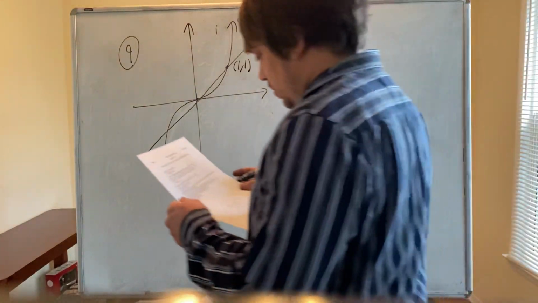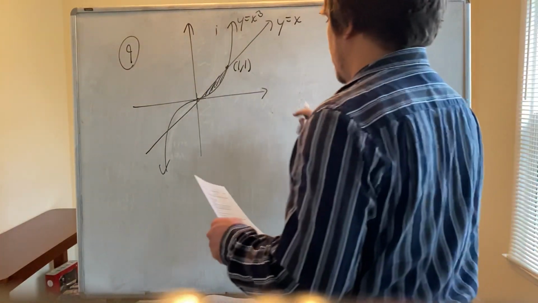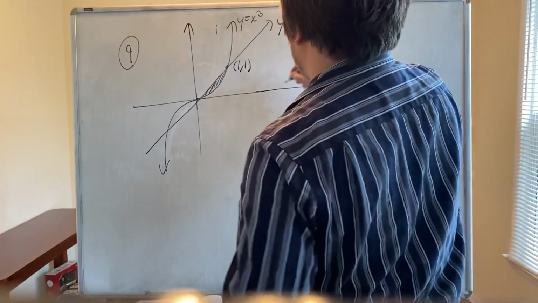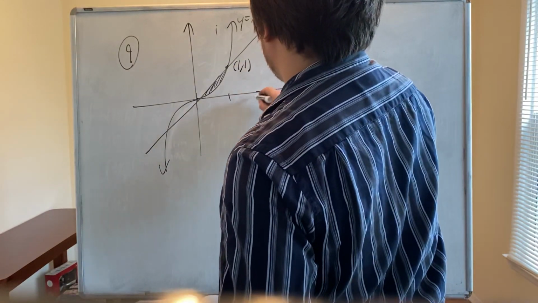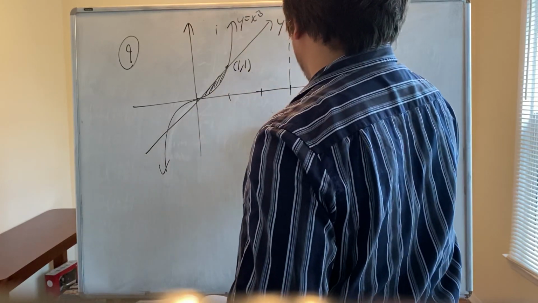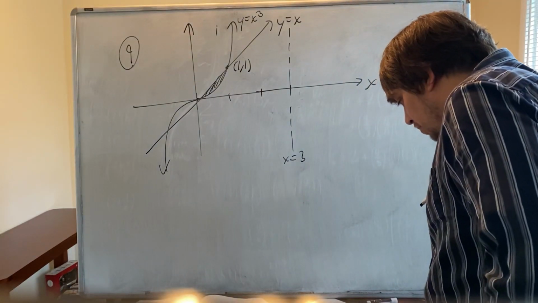Okay, so we're going to take the region bounded by those two curves and we're going to rotate it about the line x equals 3. Okay, so here's x equals 1, that's x equals 2, that's x equals 3. So here's the line x equals 3.